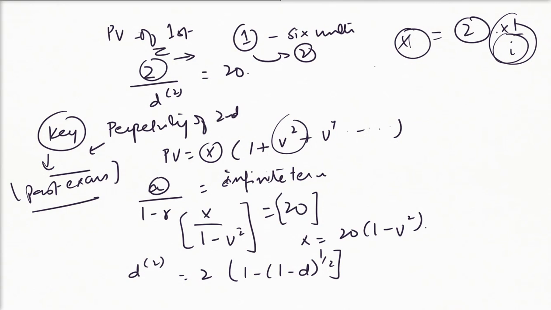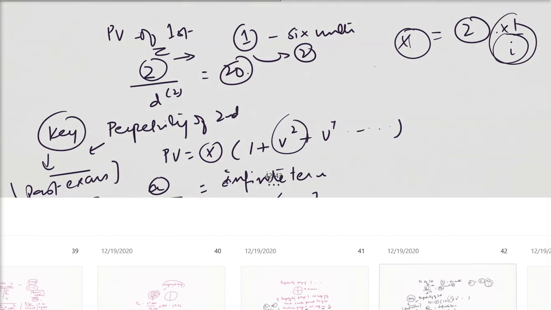Okay, so I am getting the value X over 1 minus V square is equal to 20. Why 20? Because the two PVs are equal. Then D2 is equal to 2 into 1 minus V power half, and we would be solving this further and getting a value.